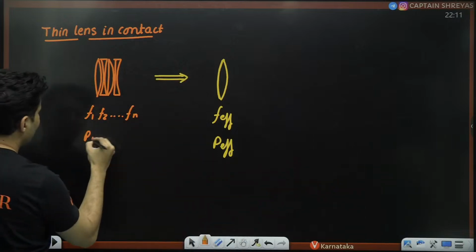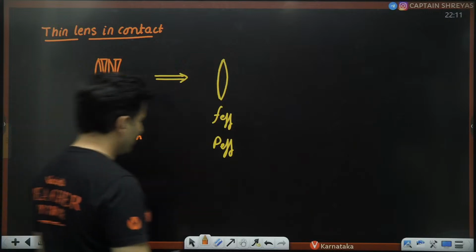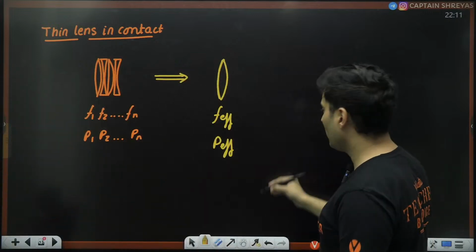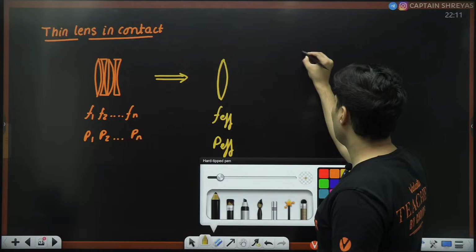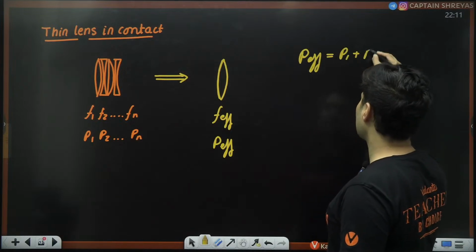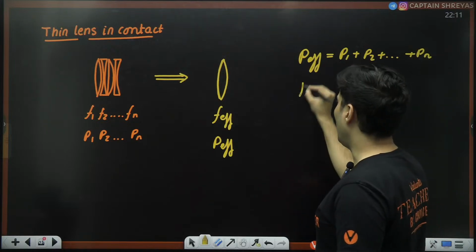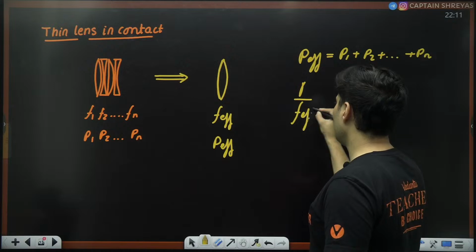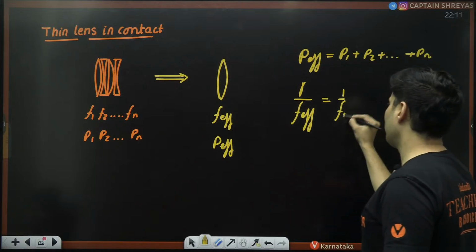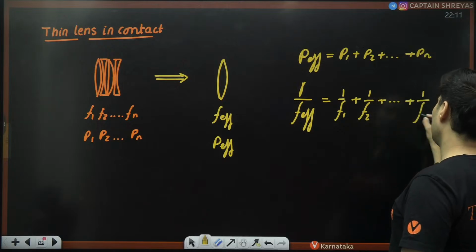These powers might be P1, P2, P3, P4, like that, Pn. What's the formula for that? The powers always get added. So the effective power is just P1 plus P2 like that till the nth power, or 1 by effective focal length is 1 by f1 plus 1 by f2 like that till the nth focal length.